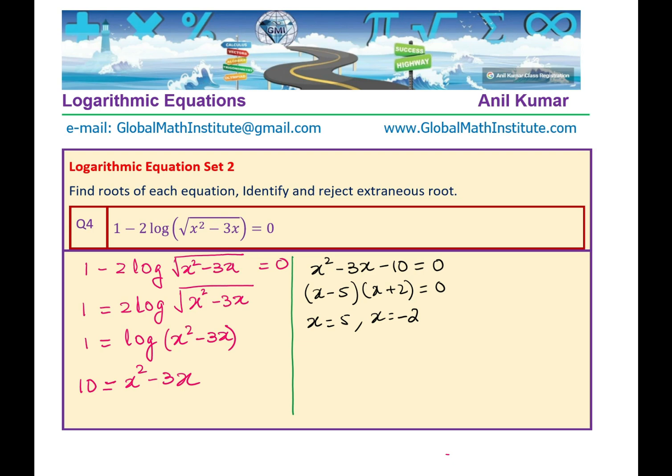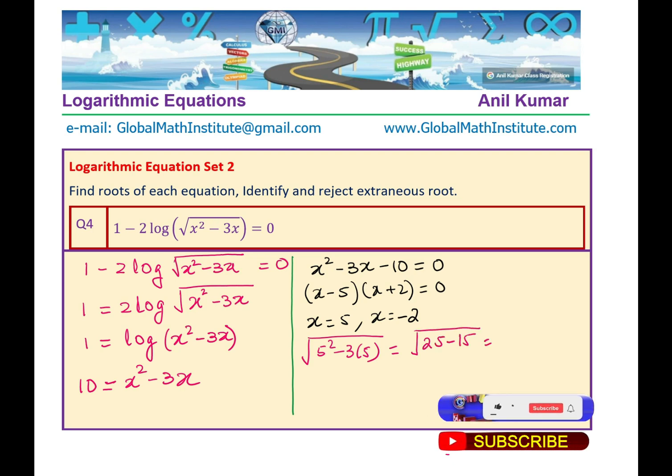Let us substitute these values within x squared minus 3x. If I put in the square root of x squared minus 3x, let's say x is 5. So 5 squared minus 3 times 5, we get 25 minus 15, which is the square root of 10.